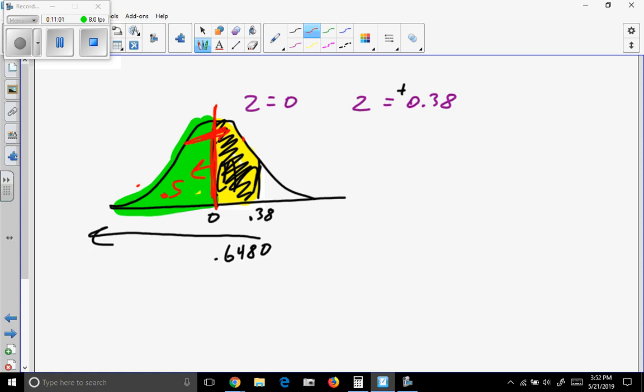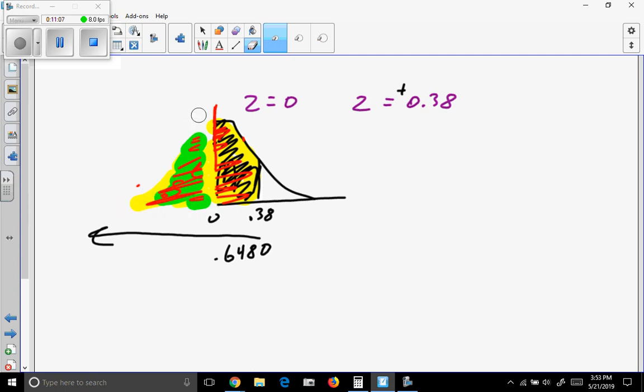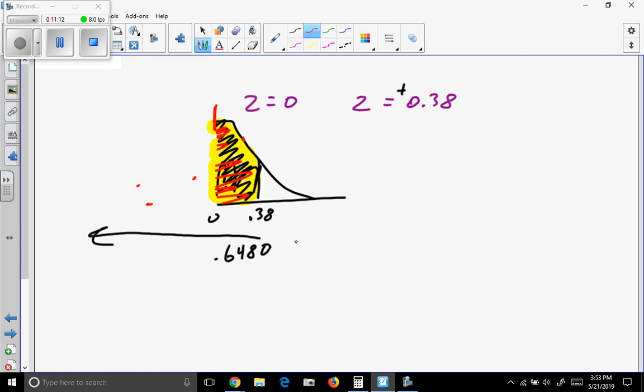If all of this area is 0.648, we need to get rid of everything to the left of the middle, which is 0.5. So subtract 0.5, and that leaves us 0.1480 as the area of that shaded region, the area between these two z-values.